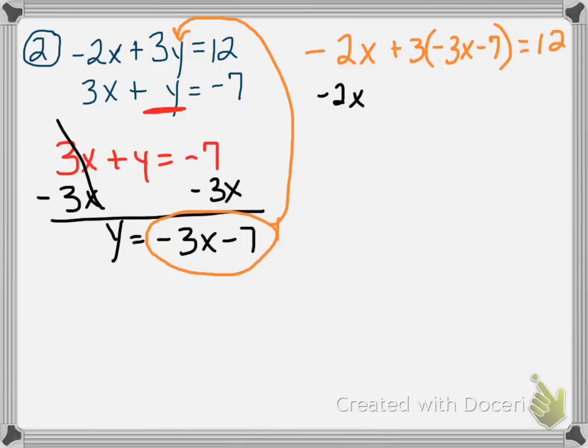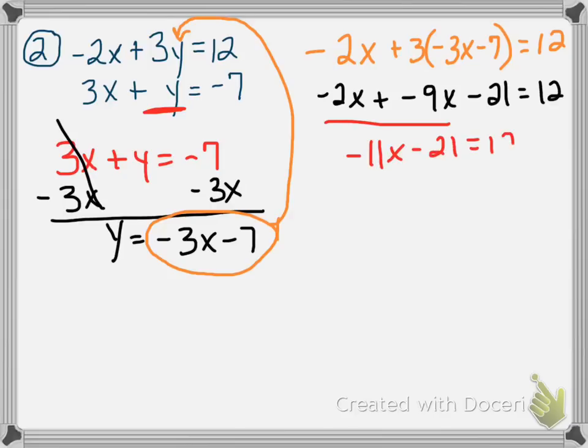So we would distribute first, and get negative 9x minus 21 equals 12. And we're going to combine like terms here, since they're on the same side of the equal sign. So that would be negative 11x minus 21 equals 12.